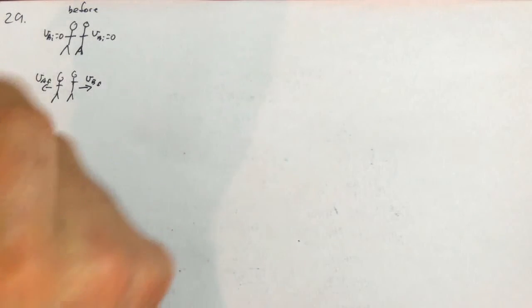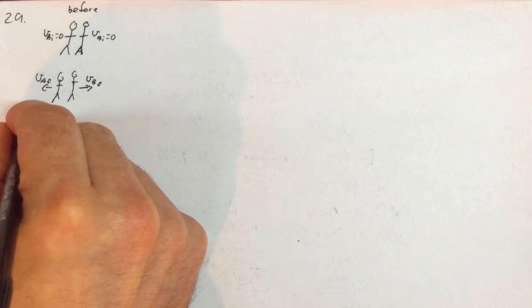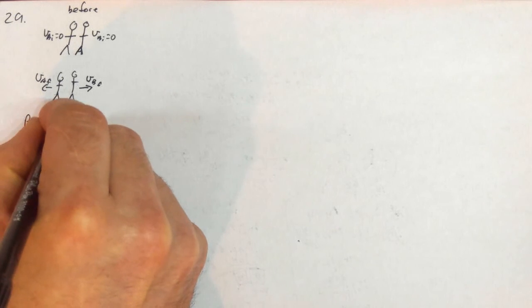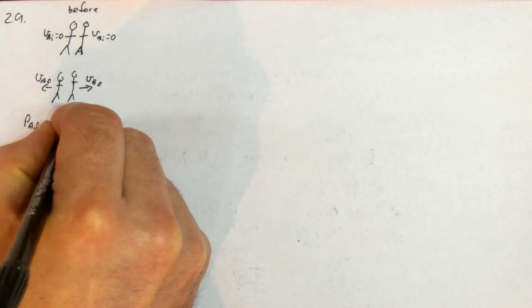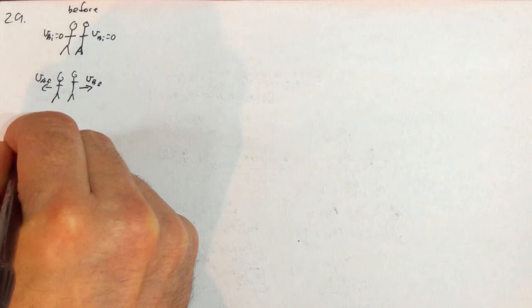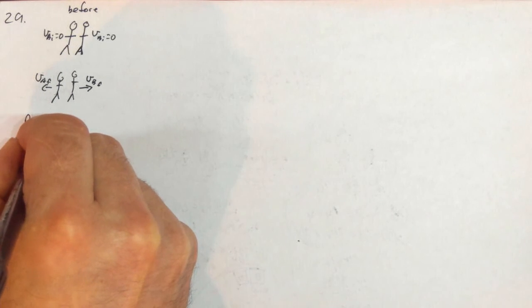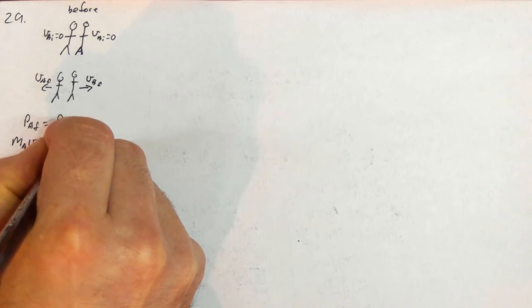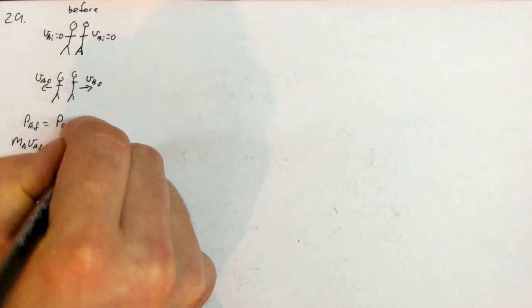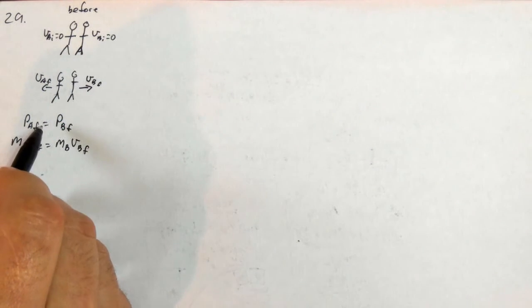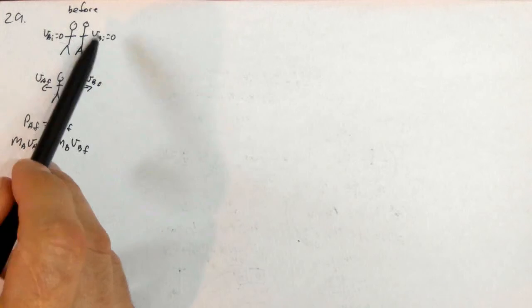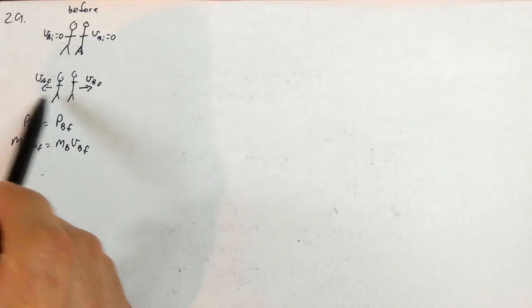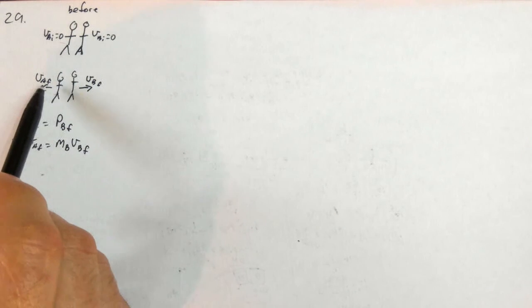So with that logic, I can say that PA final equals PB final, or MA VA final equals MB VB final. So again, this came from the fact that our initial system momentum was 0, therefore at the end it should be 0 too, and these must be equal and opposite.